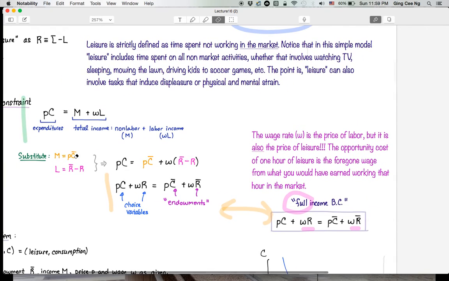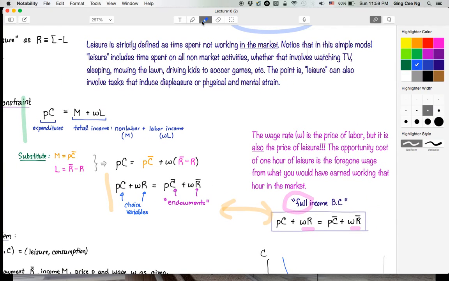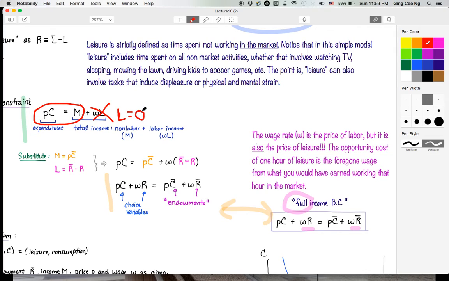So even if you decided not to work at all, you can still consume: P times C equals M, even if L were 0. L equaling 0 implies that you're consuming leisure R equal to L bar.